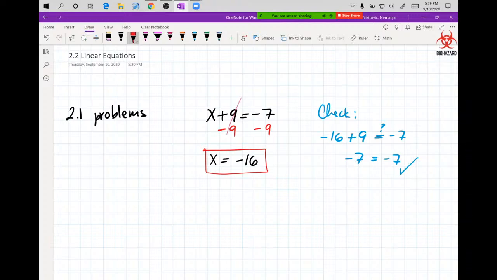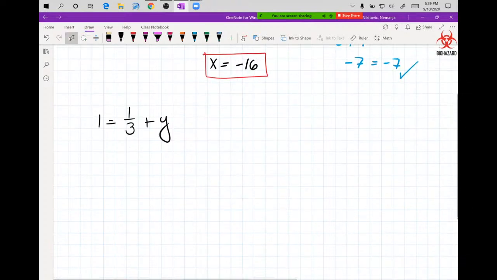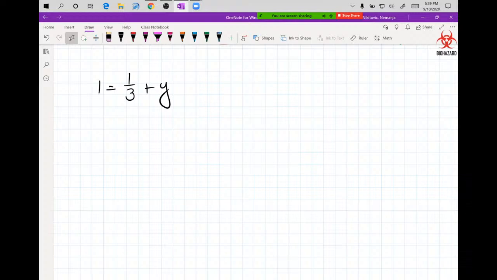Let's see something else. How about 1 equals 1/3 plus y? What should we do in this case? Yes, move the fraction over, which means we are subtracting 1/3 on both sides because we have positive 1/3 on this side, and to remove it using what we call the additive inverse, right?